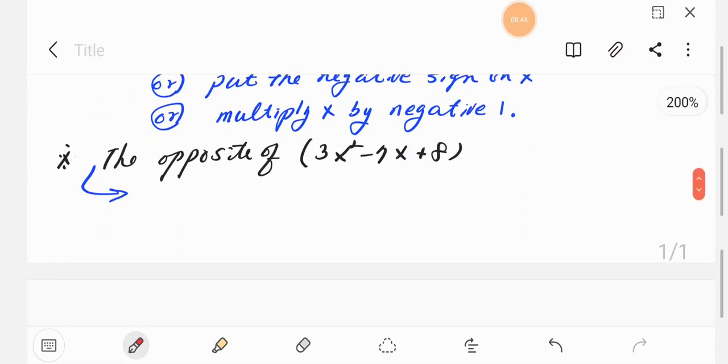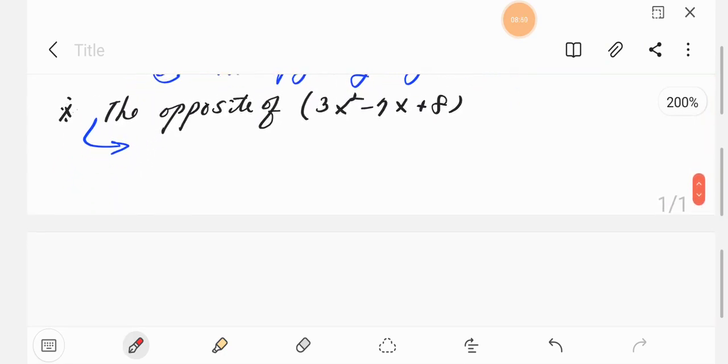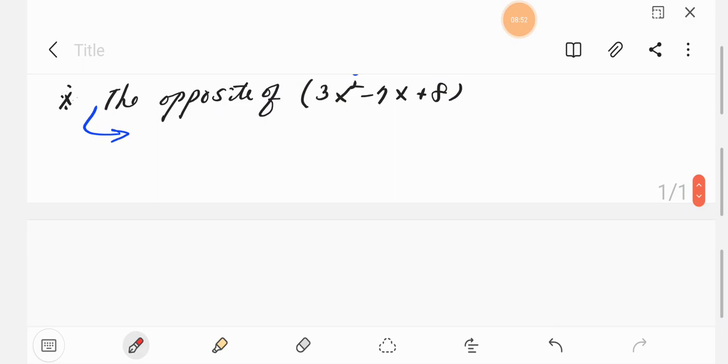Then what is the opposite of this polynomial expression? We do the same thing: put the negative sign in front of this polynomial. Once there is a negative sign in front of the parenthesis, with the polynomial within the parenthesis, we change the sign of each term, or multiply each term by negative 1.